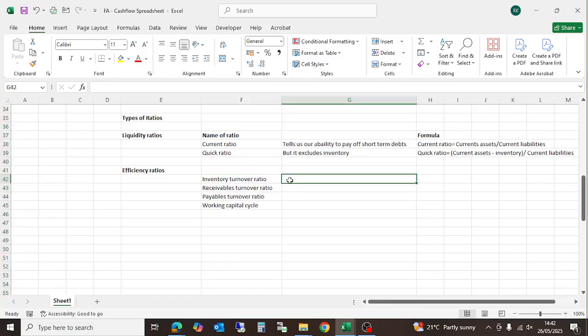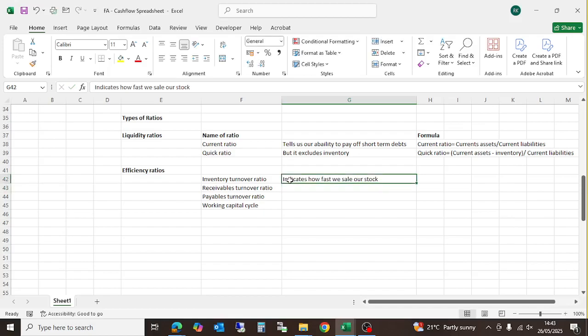Inventory turnover ratio, which is the first efficiency ratio, basically indicates how fast inventory is sold, how fast we sell our stock.